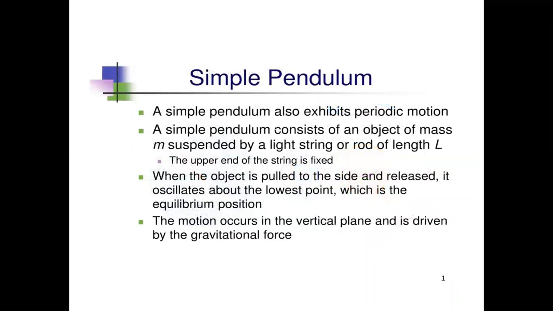Simple pendulum. A simple pendulum also exhibits periodic motion. A pendulum is the thing at the bottom of a clock, not a wall clock, but the cupboard-type clock, which goes front and back.